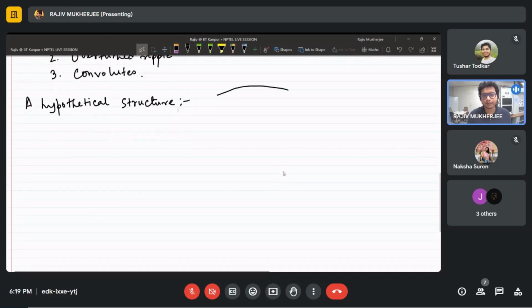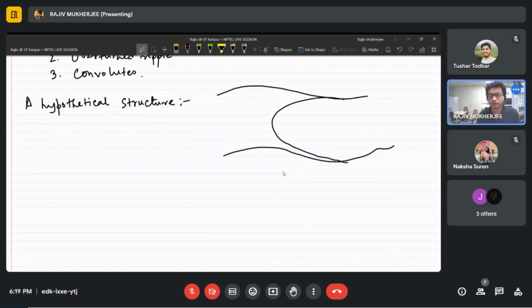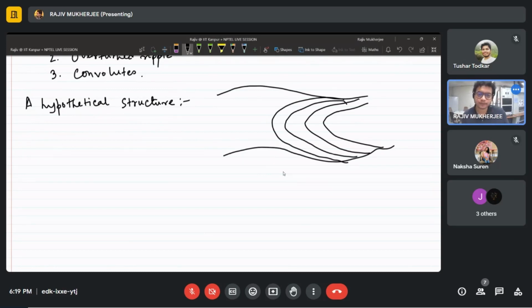Say this is an outcrop, and you see these kind of things, right? I tell you, this is a sedimentary deposit. Not essentially sedimentary.